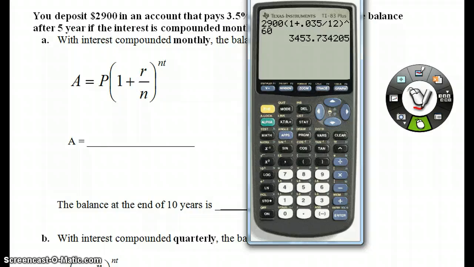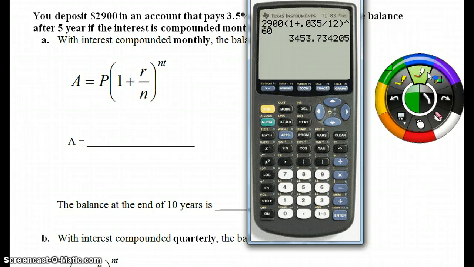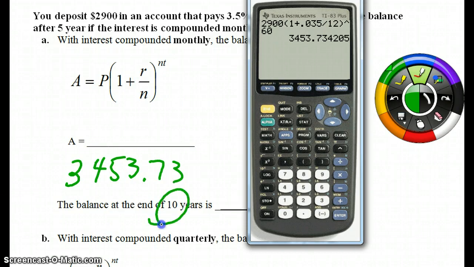So again, if you just punch it the way you see it, you'll see that after 5 years, if you leave that money in your bank account, you would end up with $3,453.73.